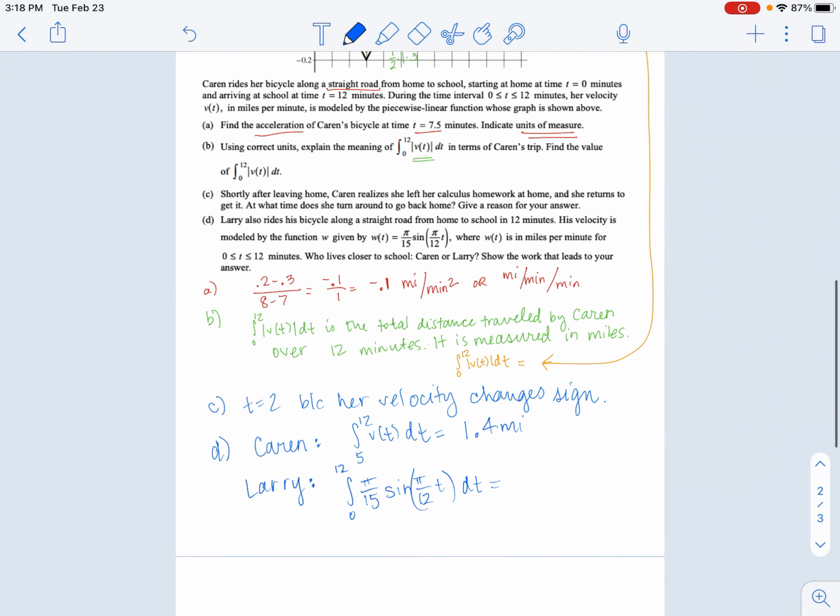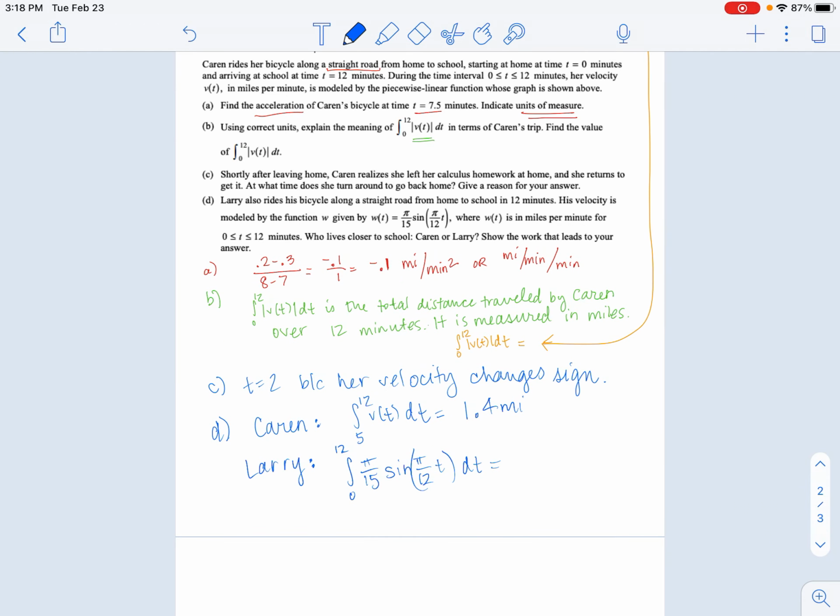Oh, I think this is a calculator question now that I think of it, so we wouldn't have to do that integral by hand. I actually can't remember, but let's just type it in using Math 9 anyway, and disregard the part where I said no calculator. So we get 1.6 miles for this calculation.